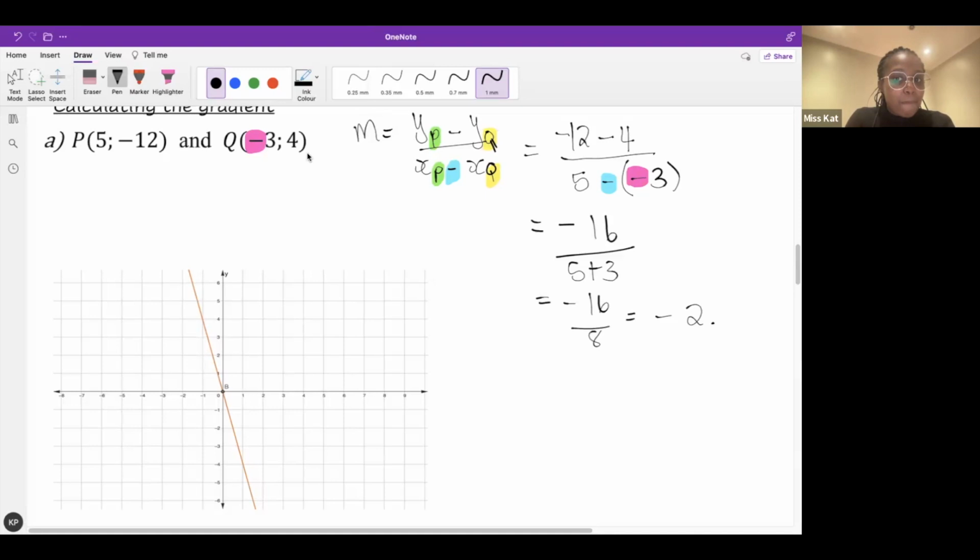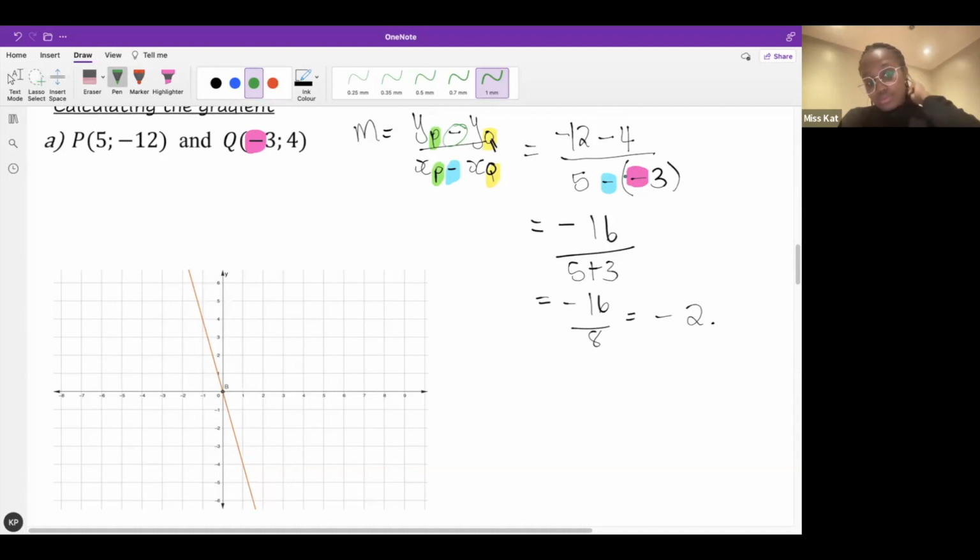Ma'am, by the negative 12 and the 4, I thought the 4 was a positive, so I'm confused as to why it changed to negative 4. What does the formula have, Chief? Look there. What is that? Oh, it's a negative. We're subtracting. Do you see why it became negative?